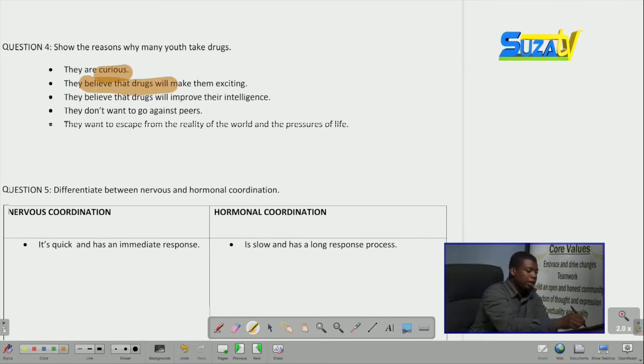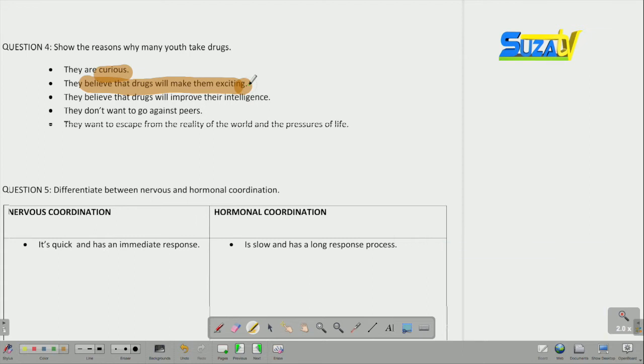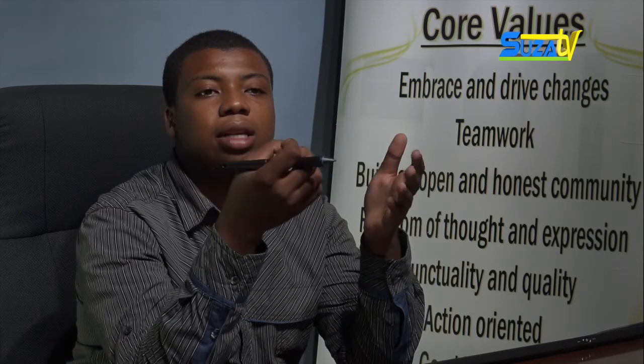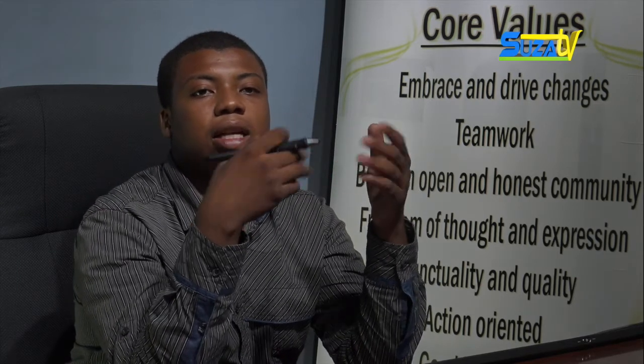Another reason is that they believe drugs will make them exciting. Some people think that taking drugs would make them look better in the eyes of people. For instance, many youths see in movies that the main character is drinking, and after drinking he gets into a fight. He looks very good on TV. They also see characters smoking, consuming alcohol, or using other drugs such as cocaine and heroin.